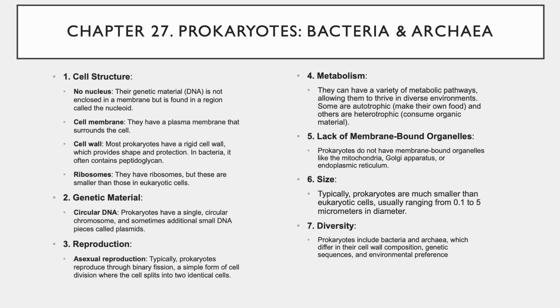They all reproduce asexually, but by extension, there is this element of horizontal gene transfer: conjugation, transformation, and transduction. So go back to your notes on what each of those entail and how that leads to mutations.